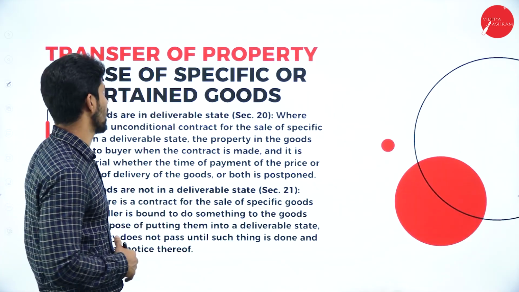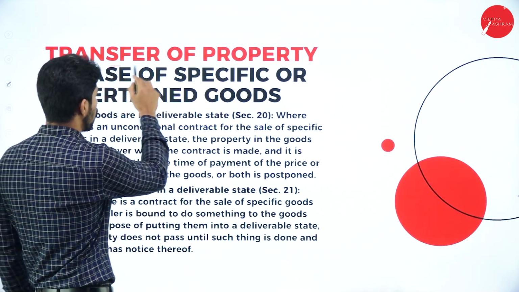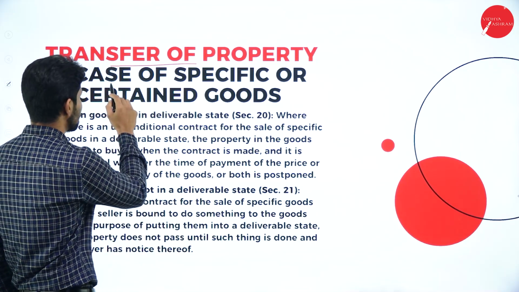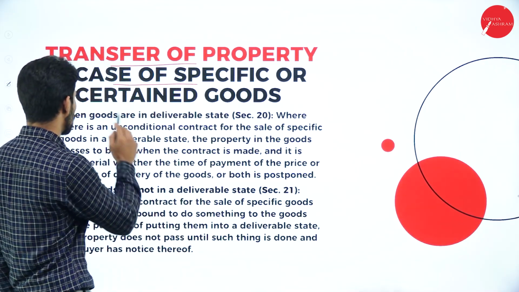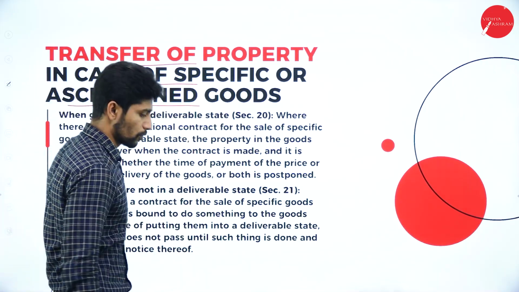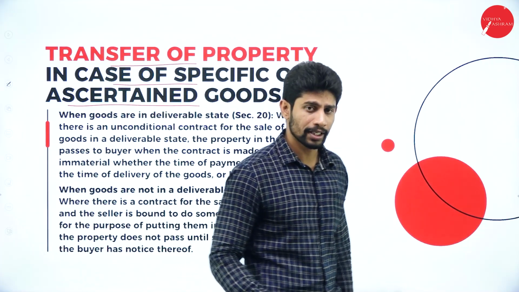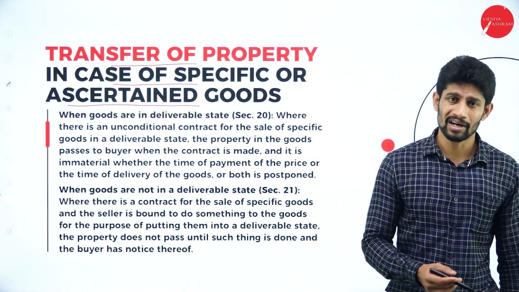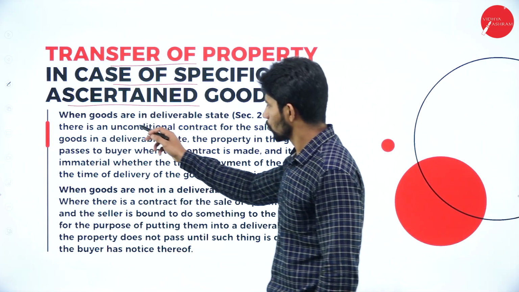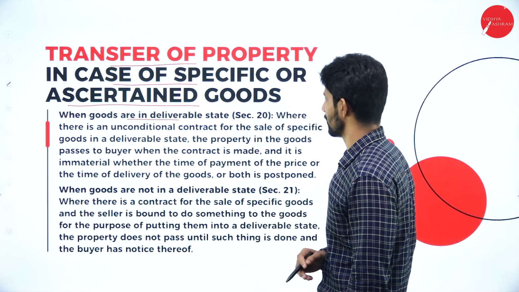So what are the rules we have? Transfer of property in case of specific or ascertained goods, when goods are in a deliverable state.